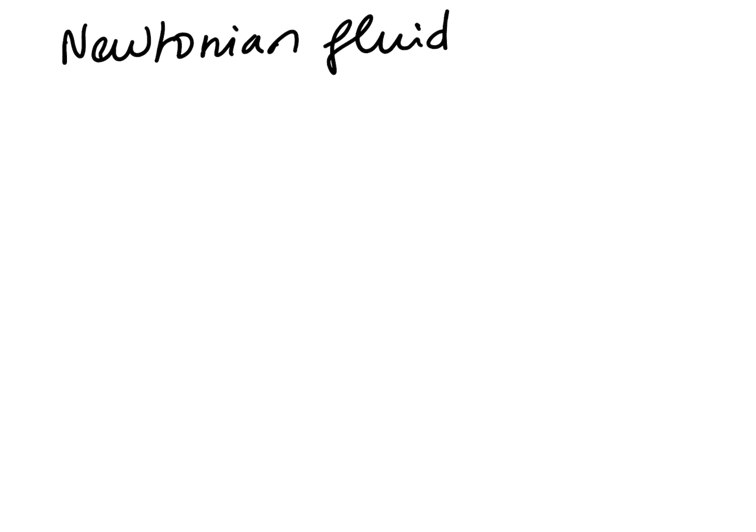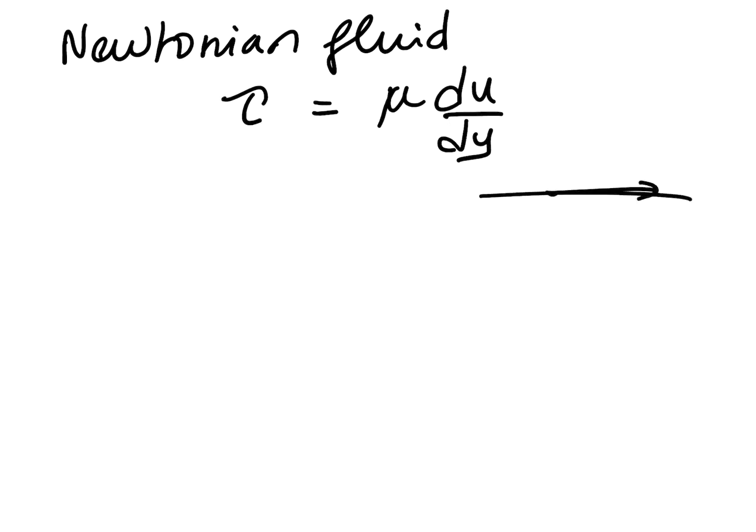One of the conditions that we assume in this analysis is that of a Newtonian fluid, which obeys the law tau equals mu du dy. If you want to have a picture, here is tau, here is the velocity profile.